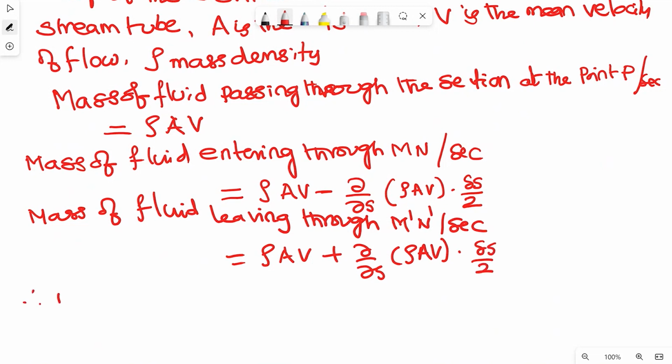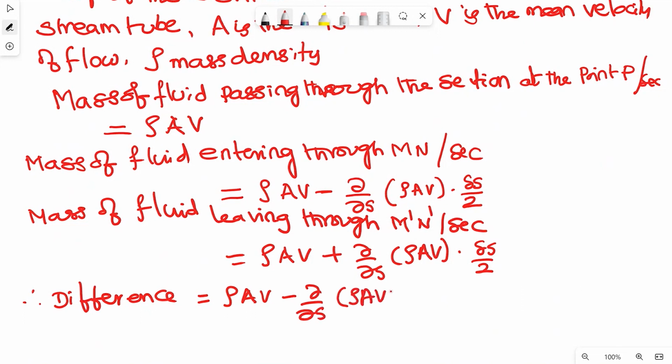Therefore, the difference of mass entering and mass leaving is equal to rho AV minus dou by dou S of rho AV into delta S by 2, minus rho AV plus dou by dou S of rho AV into delta S by 2.